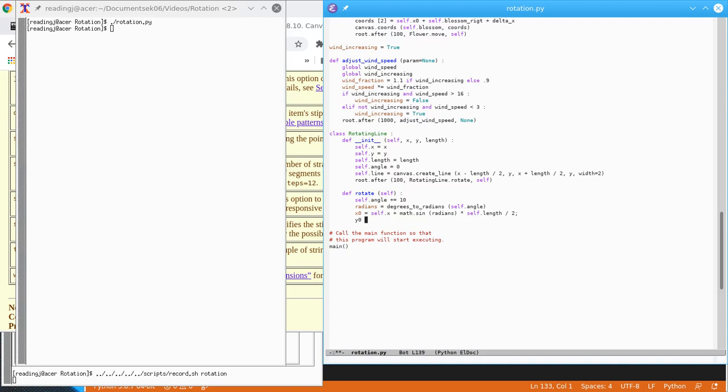Y0 equals self.y plus, yeah, this seems backwards. Doing sines for x and cosines for y seems backwards. Well, we'll see what happens.